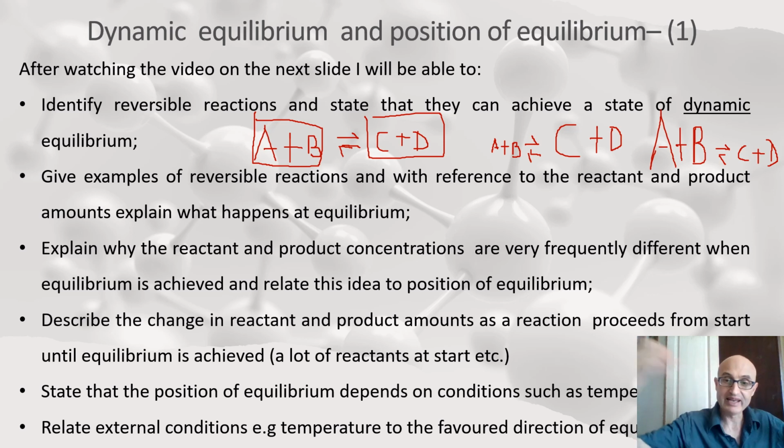You can let time go by and it stays exactly at those amounts, a lot of the reactants and very little of the product. It does not mean that the reaction has stopped. This is the position of the equilibrium. The position of the equilibrium happens to favor the reactants. It is, in other words, shifted more to the left.